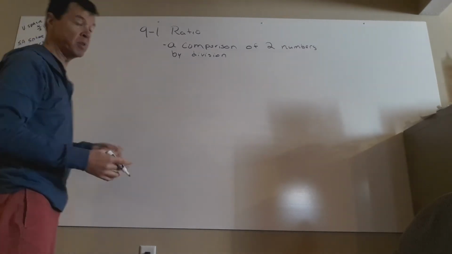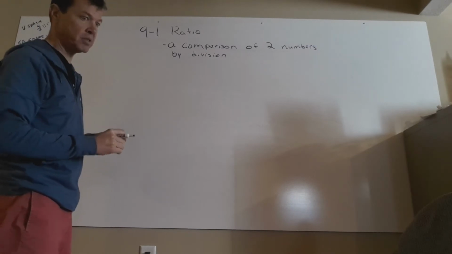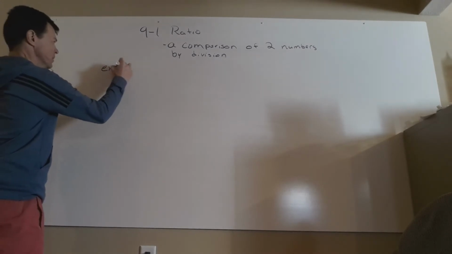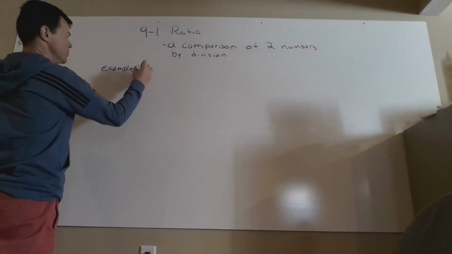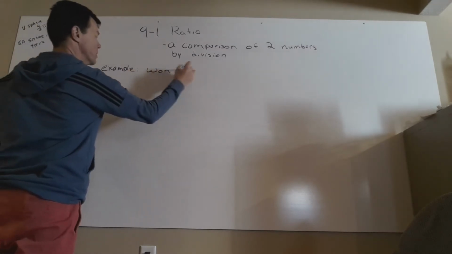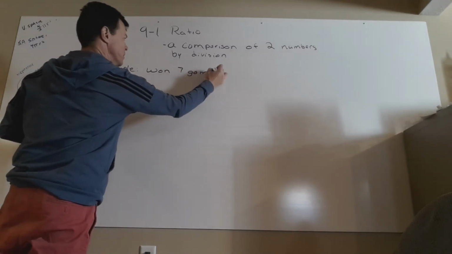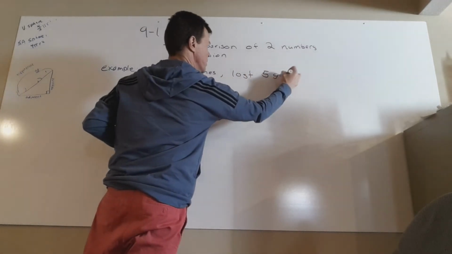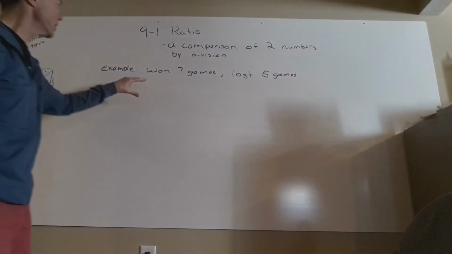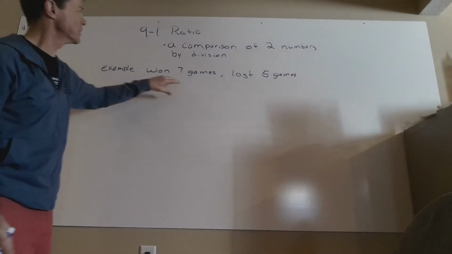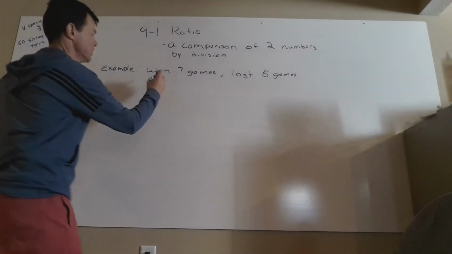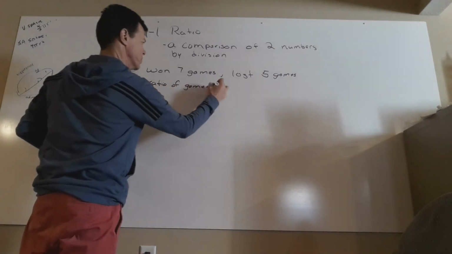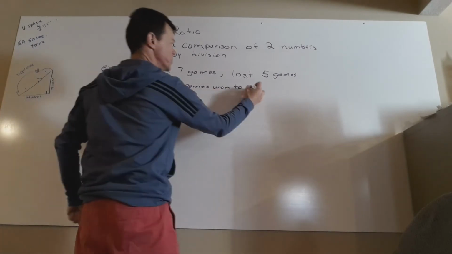If our football team won 7 games and lost 5 games, we could explain this as a ratio of games won to games lost.